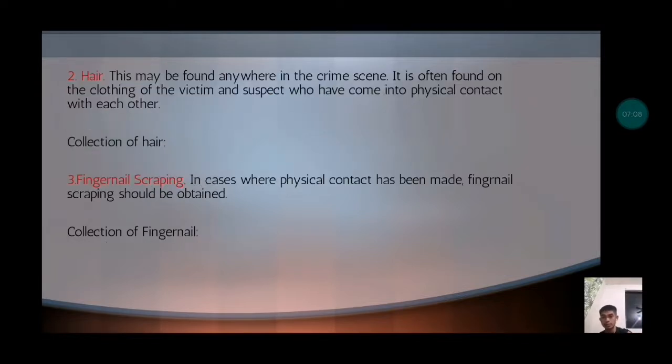So next is hair. Number 2 is hair. This may be found anywhere in the crime scene. It is often found in the clothing of victims and suspects who have come into physical contact with each other. It can be very important evidence, especially in rape cases.